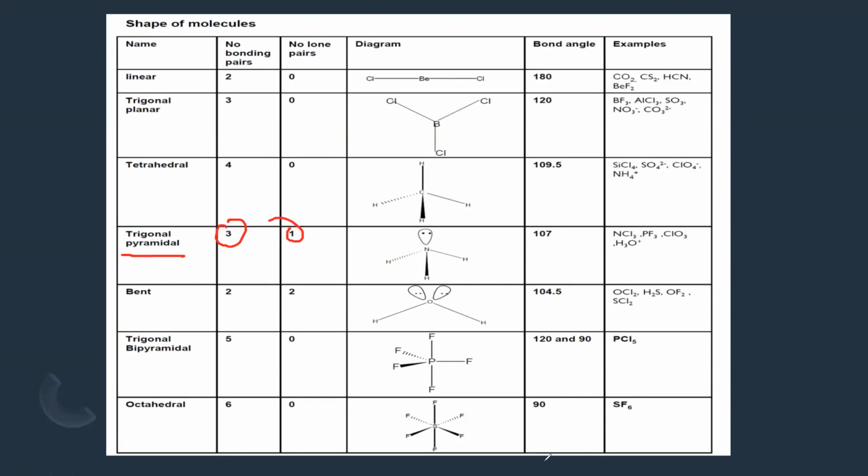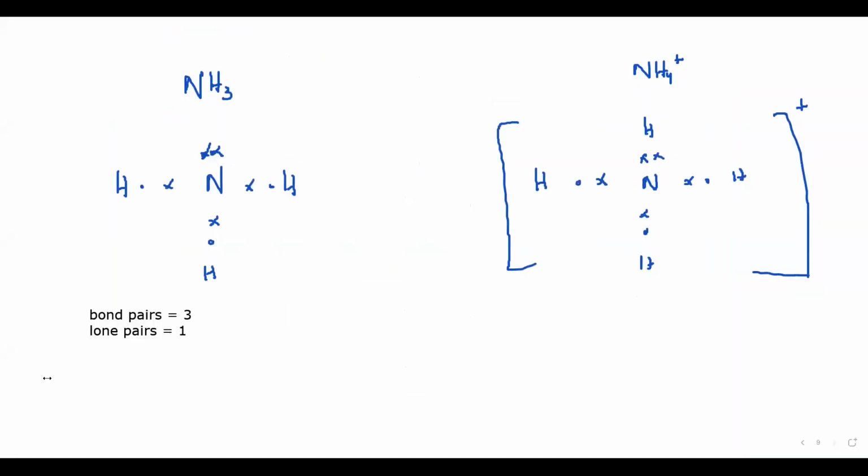So the geometry of ammonia NH3 is trigonal pyramidal with a bond angle of 107 degrees or 107.5.